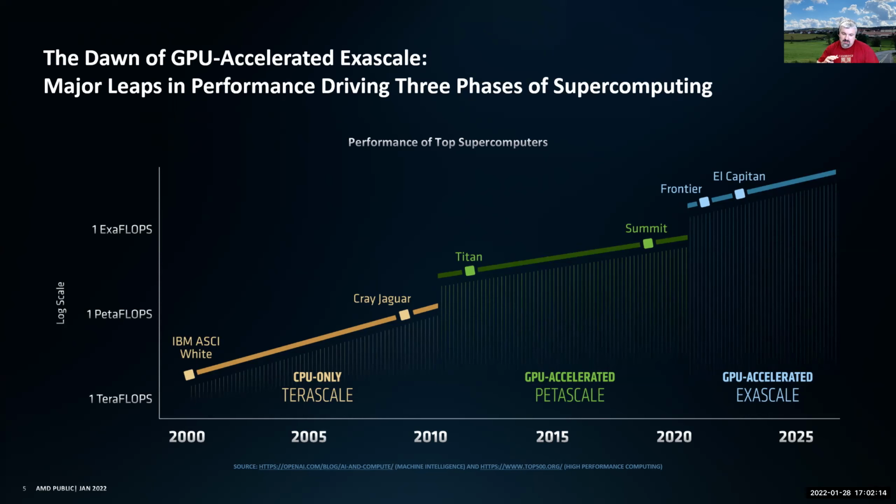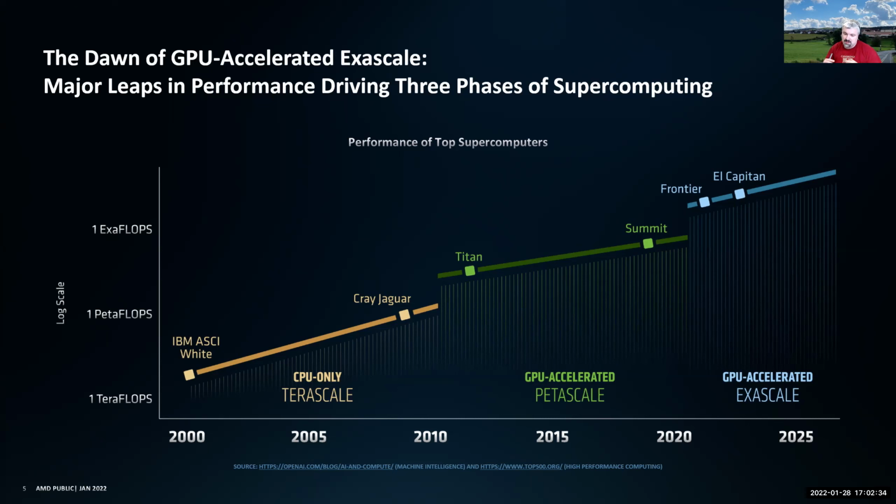And then there was a transition in how these systems were built and how they were designed. And that is when the petascale era started. And it happened that GPU accelerated computing became more prevalent in those systems.